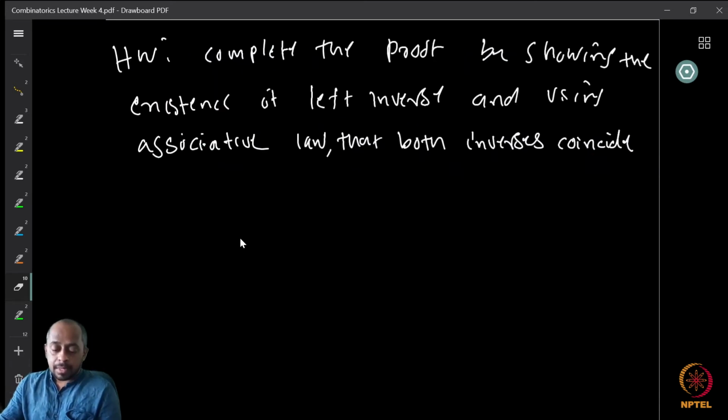I want you to do all this as homework, formally writing it out. Complete the proof by showing the existence of a left inverse, and then using the associative law to show that the left inverse and right inverse coincide.